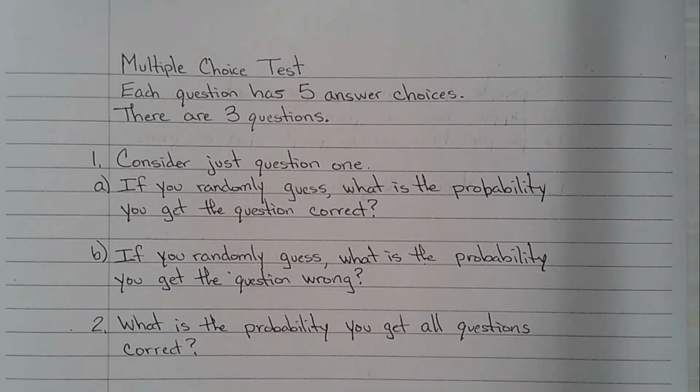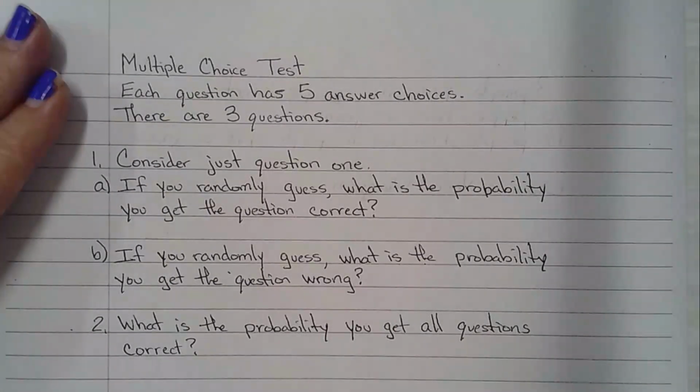So for problem 1, we want to just consider question 1. If you randomly guess, so you have no knowledge, you're just eeny, meeny, miny, mowing it, what is the probability you get the question correct? Take a moment to think about that.